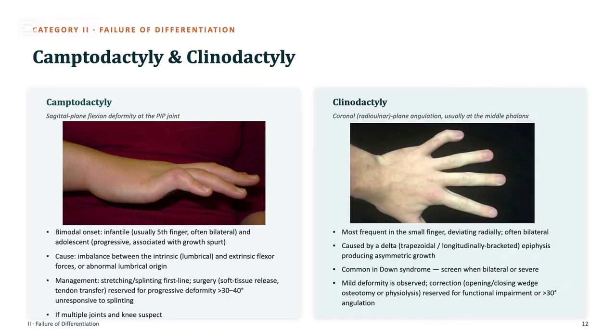Also, in the failure of differentiation, there are 2 deformities that we always have misunderstanding between: camptodactyly and clinodactyly. Camptodactyly mainly means flexion.